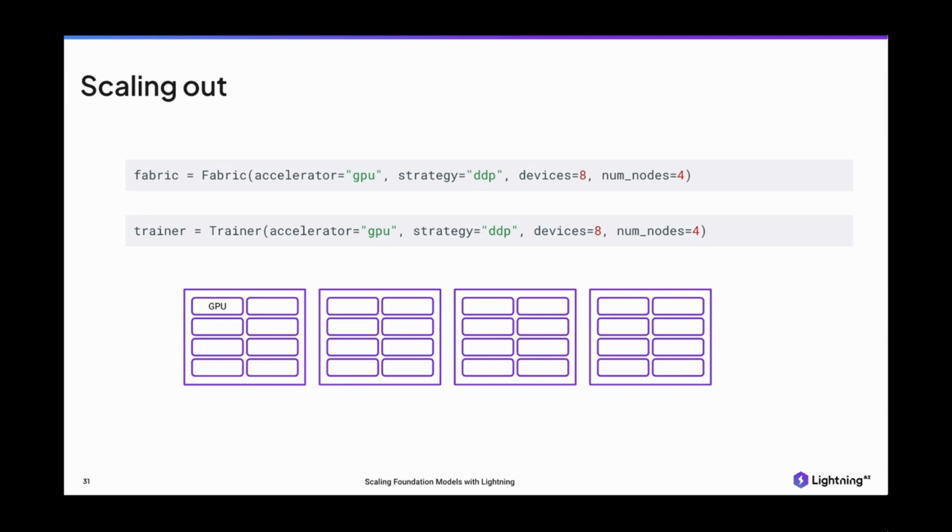All right, so let's see how Fabric and Trainer facilitate running on servers, each having a set of accelerators and communicating between nodes. What you need to do is start processes using launchers running those scripts, which will in turn launch multiple processes, one per accelerator.